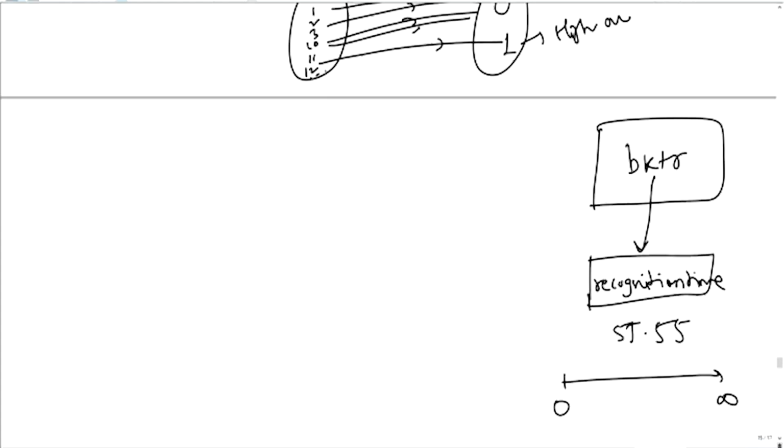So possible recognition time could be any point on this number line between 0 and infinity. So what kind of sample space is this? Omega is a set of all positive real numbers. This is your sample space now. It could be anything, any point on this real number line.